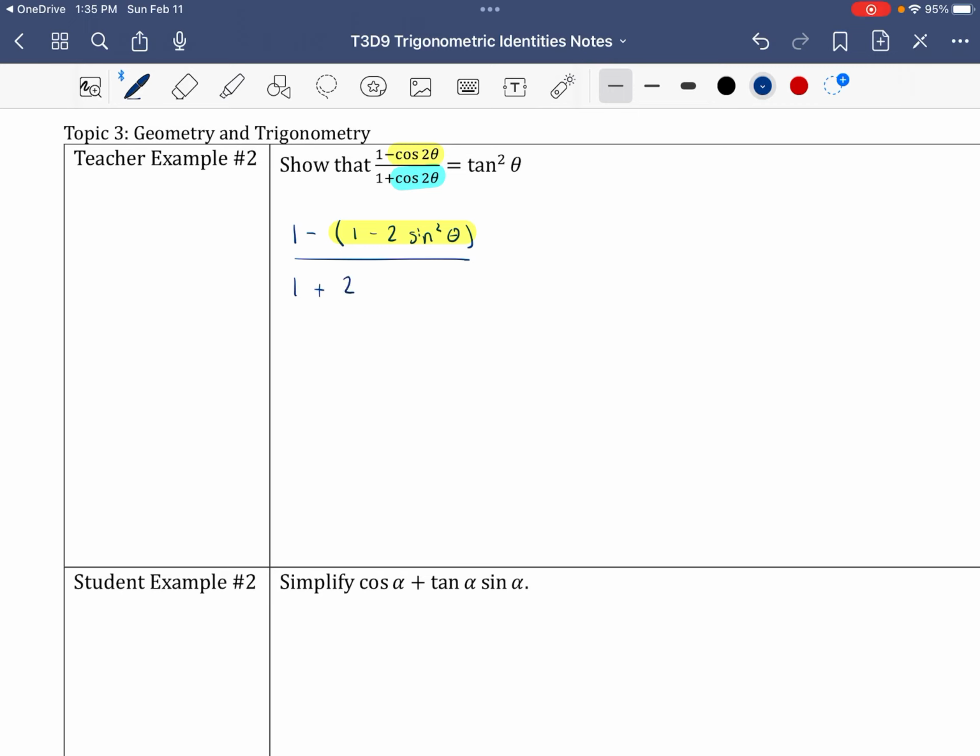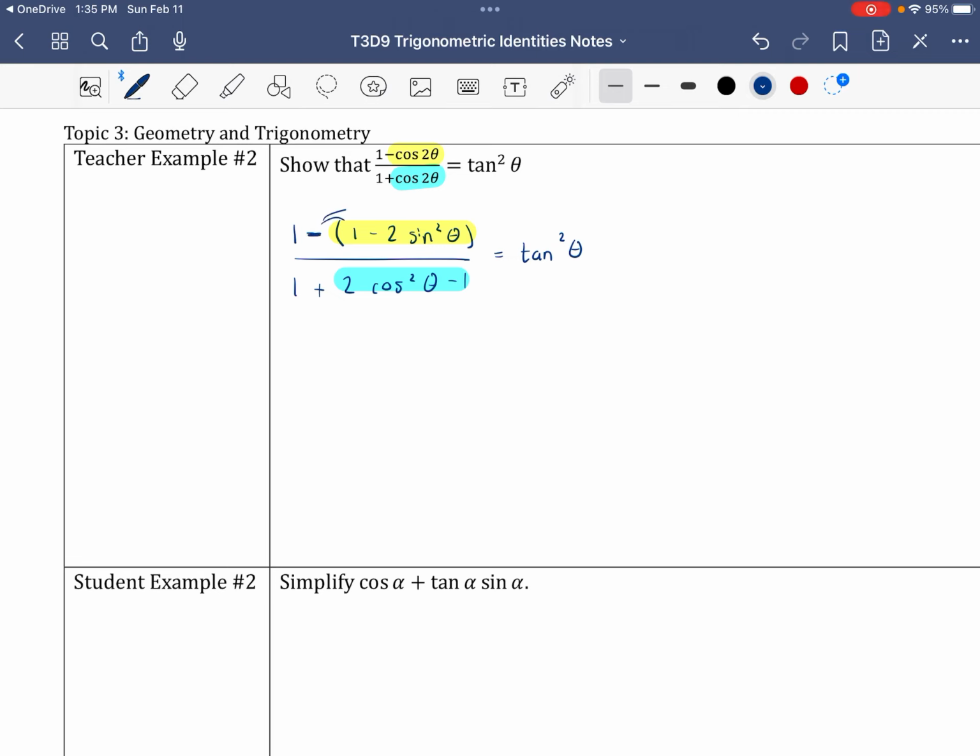So it's going to be 1 plus 2 cosine squared theta minus 1. Okay, so both of those are our double angle identities. And all of that still is equal to tangent squared theta.